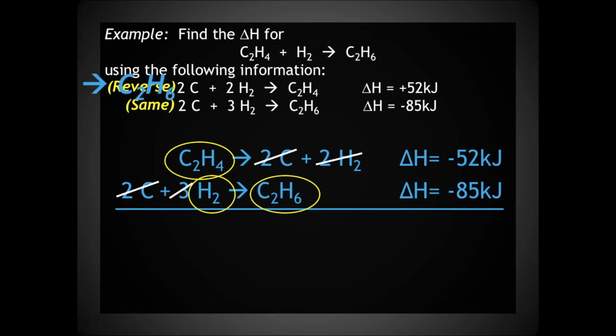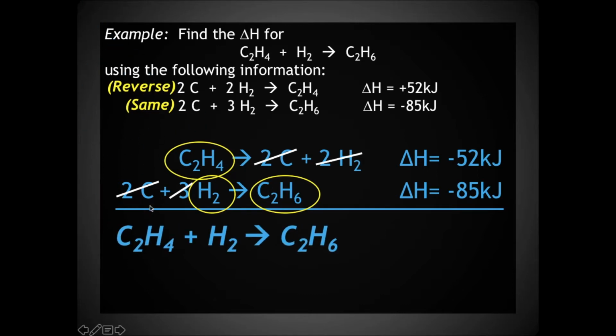So then the overall equation will be C2H4, because nothing canceled it, plus 1 H2, and then on the other side of the arrow is this. Everything else has canceled out. And then since we're adding, you're going to add negative 85 plus negative 52, and that's our new enthalpy, and that's our actual answer.